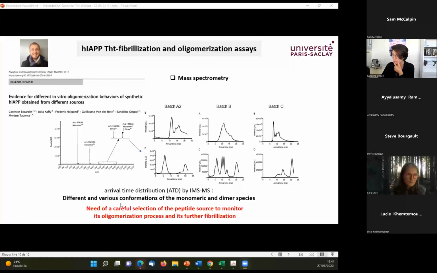So we really need to select carefully, especially when we are medicinal chemists and we don't produce the peptides ourselves. We really have to check the batches we receive, to monitor the oligomerization process and its further fibrillization. This was for the 4 amyloid peptides we studied.